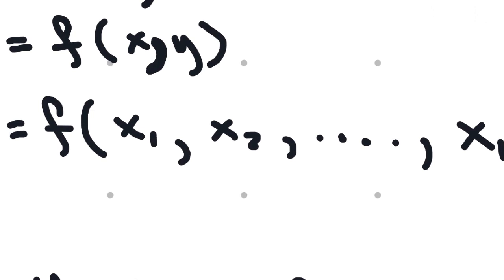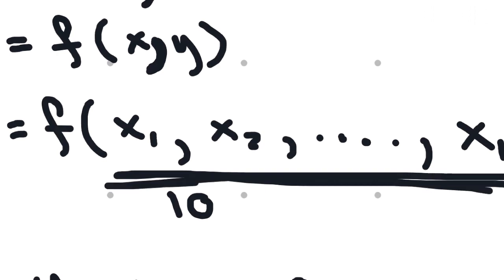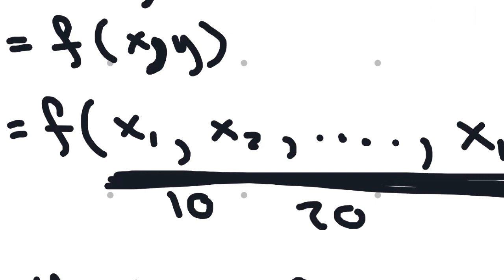We would never have an example like this, but you could have y as a function of 10 independent variables. You can have y as a function of 20 independent variables. So the independent variables x are like inputs, and there's always only going to be one dependent variable, one output.